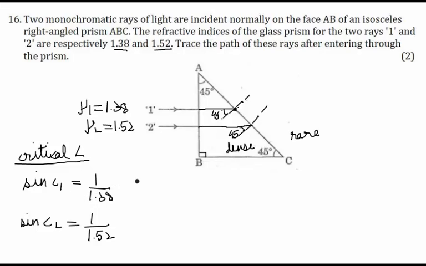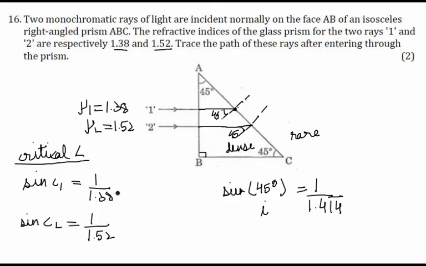So let's see what is sine of incidence, because sine of incidence for both of them is the same. Sine 45 degrees is equal to 1 by root 2, and root 2 we can write as 1.414. Now let's see, for the first case, is the incidence greater or lesser than the critical angle?